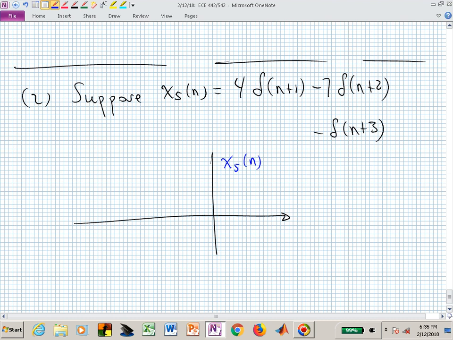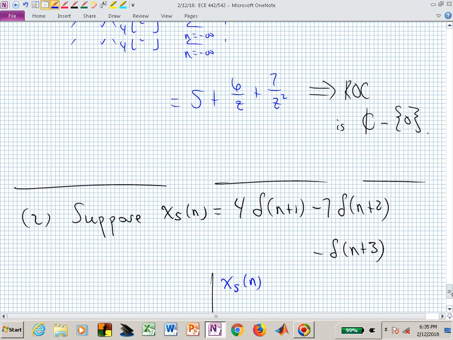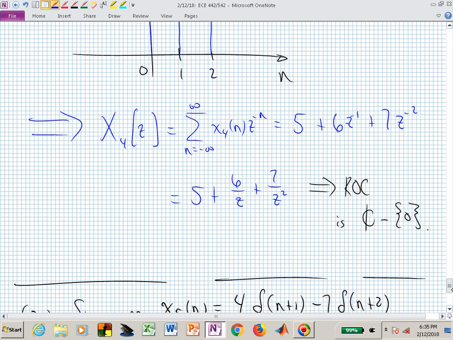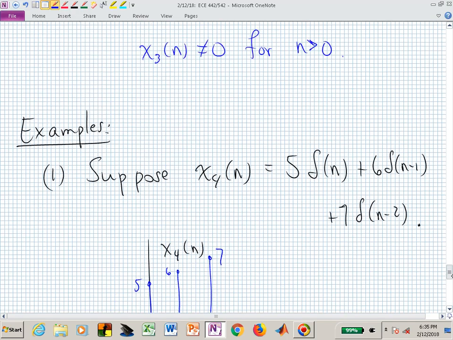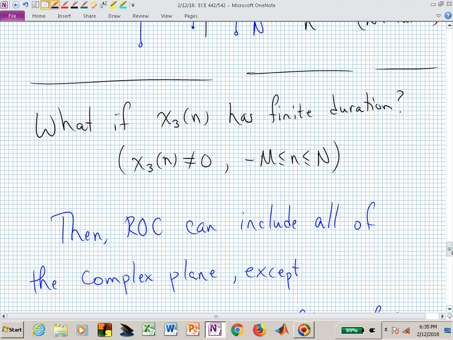I just had a quick question about the previous example. Before we were talking about negative and positive n values, and now you're talking about the ROC in terms of z. So the region of convergence really hasn't changed any that I'm aware of. Now capital M and little n are the same.